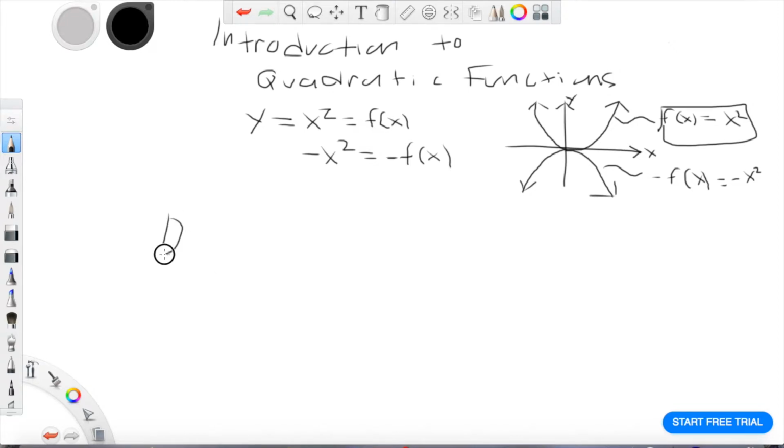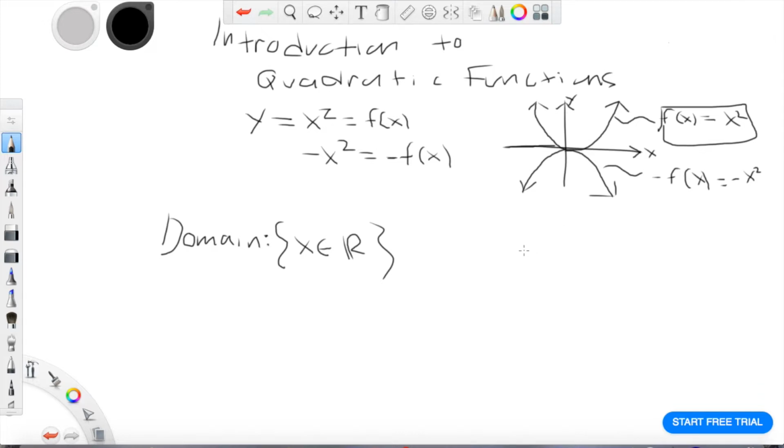I mean, there's not really a difference in the domain. So the domain of both is just going to be the whole real line. So this is going to be the domain of f of x is equal to x squared, and negative f of x is equal to negative x squared.